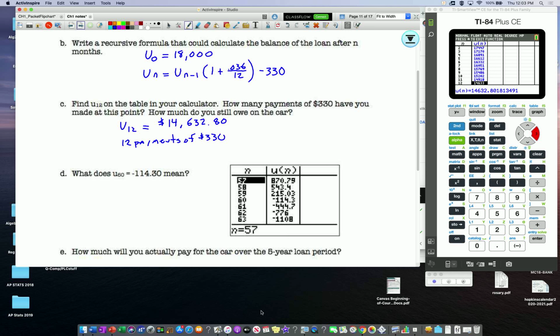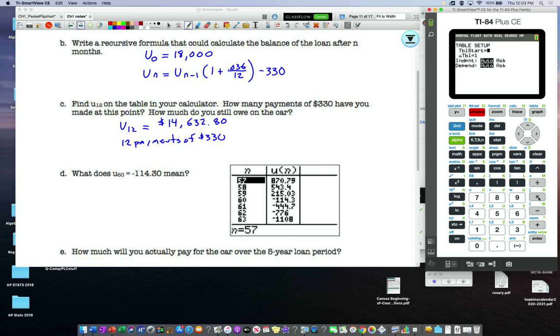Now notice how here it says, after 60. So what I'm going to do is go to my table set and go to 60 here, just like they did here. Hit enter and then go to my table. It's going to think for a second. I'm going to scroll up just a little bit so that you can see this screen and my screen basically match up.